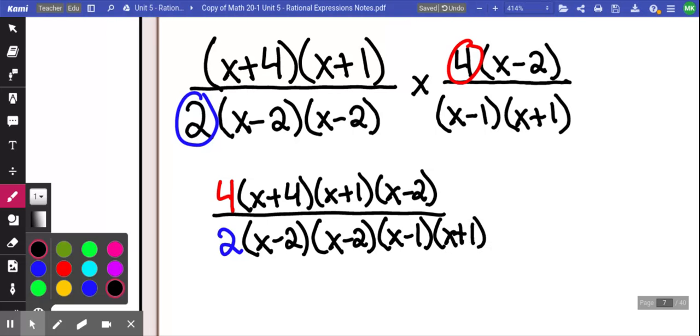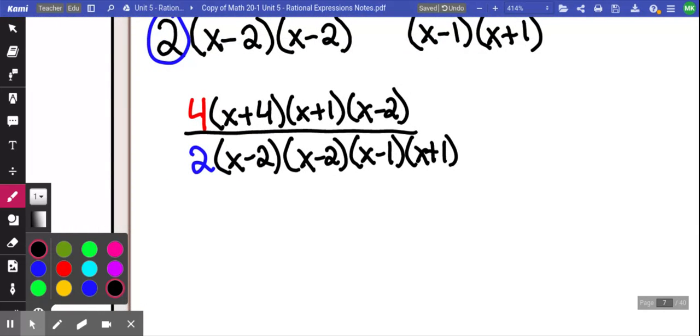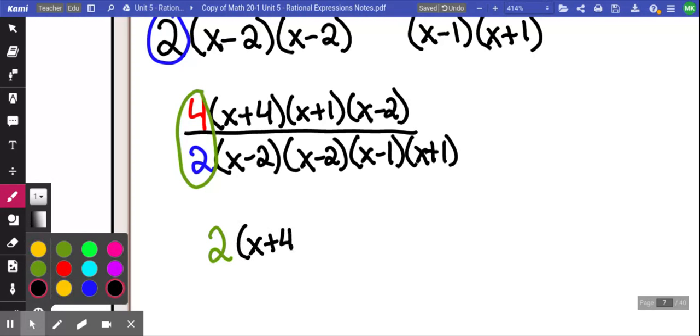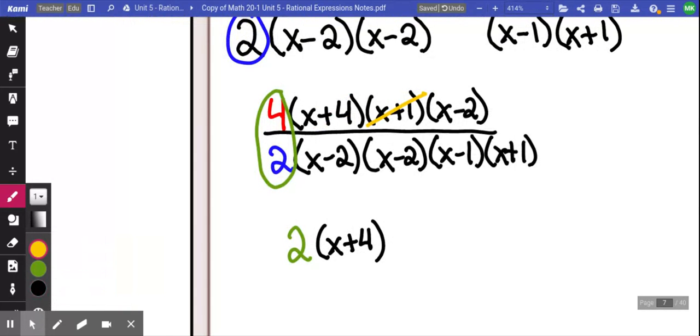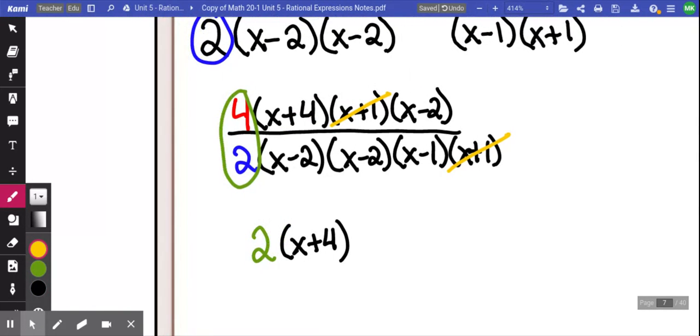Once you're a single fraction like this, now we can start simplifying things. I look at my numbers, 4 divided by 2 turns into 2. I then have an x plus 4 on the top. It can't cancel with anything, so it stays as x plus 4. I have an x plus 1 on the top. Boom, that cancels with this x plus 1 over here. I then have an x minus 2 on the top. Boom, that cancels with this x minus 2 in the bottom.